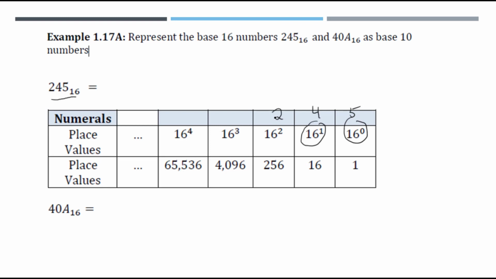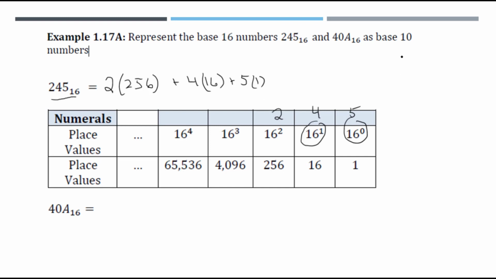So there it is. I have two of these because that's the third place value. So I've got two 256s. And I'm going to add to that 4 16s. And I'm going to add to that 5 1s.